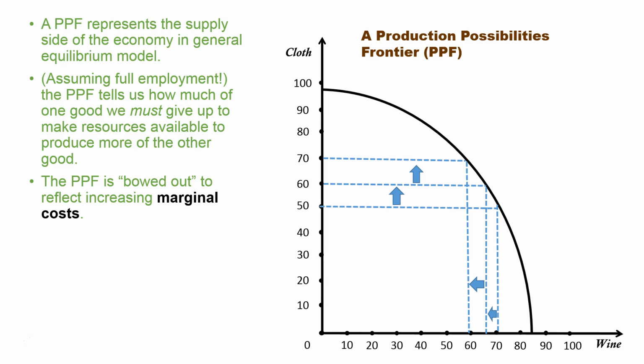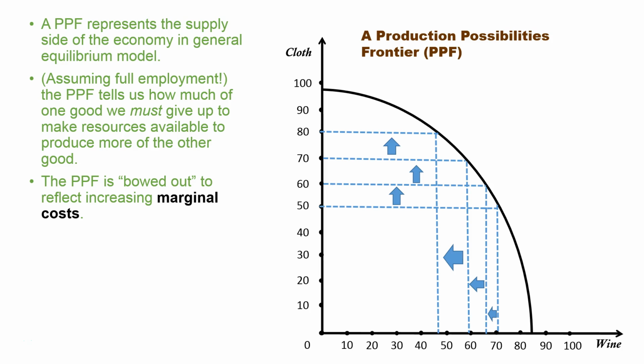So the first 10 units of cloth cost us just 4 units of wine. Now the additional 10 units cost us 6 units. Well, of course, we can carry on that thought experiment, produce another 10 units of cloth, and we can see that we have to give up even more wine in order to produce that extra cloth.